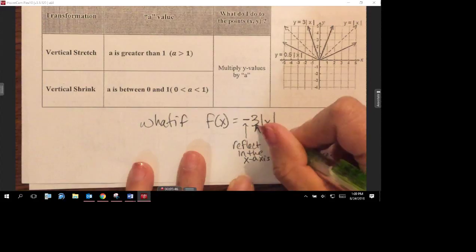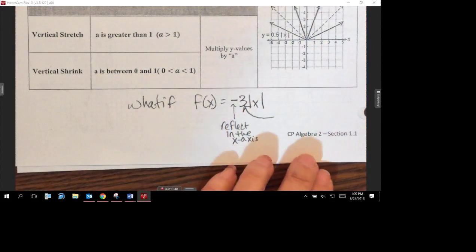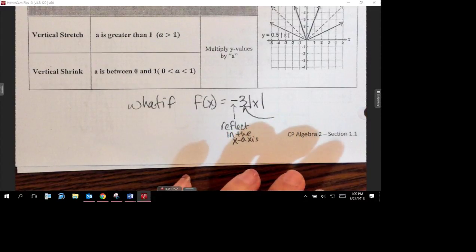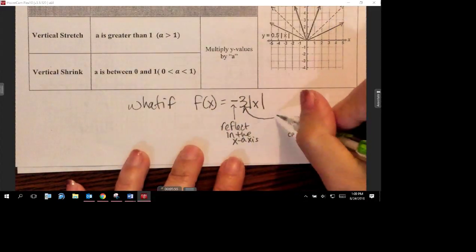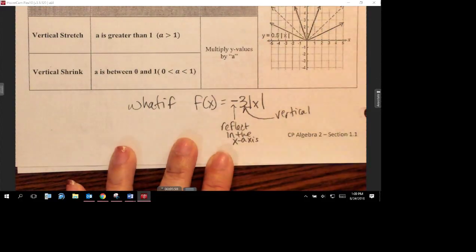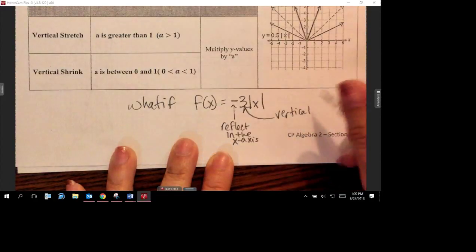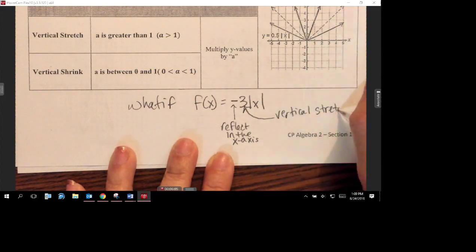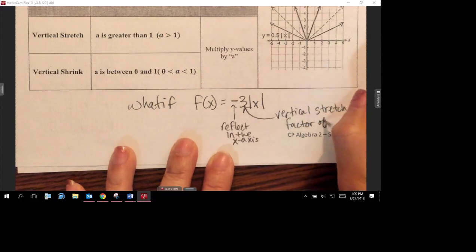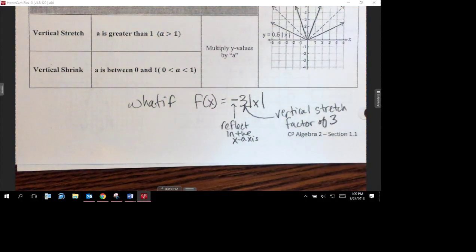And then the 3 by itself is what you look at for the vertical stretch or shrink. So would 3 be a stretch or a shrink? Is it greater than 1 or between 0 and 1? It's greater. So this would be a vertical stretch. And you would write vertical stretch factor of 3. So we say what you're multiplying by.